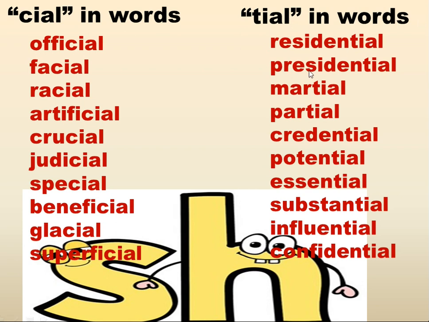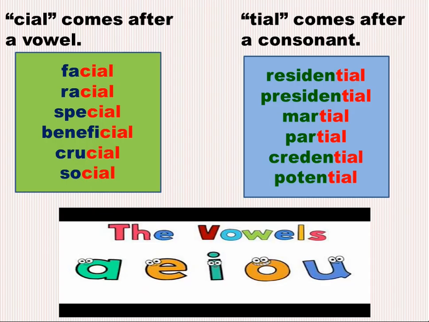Residential, presidential, martial, partial, credential, potential, essential, substantial, influential, confidential. Both these cial and tial give the same sound, but the meanings and the spellings differ. We'll see how this happens.